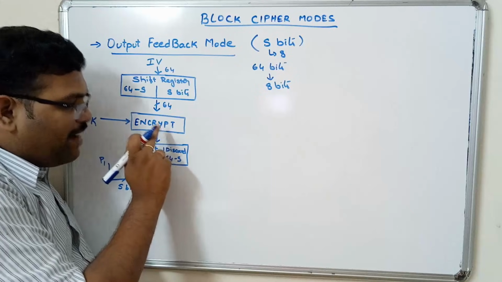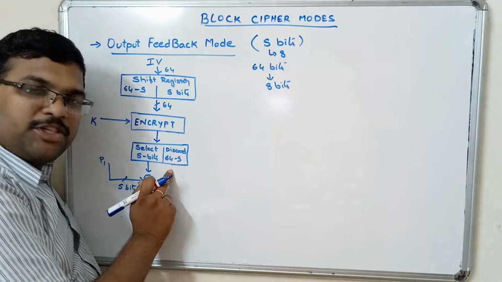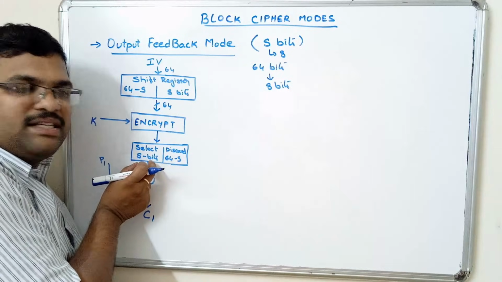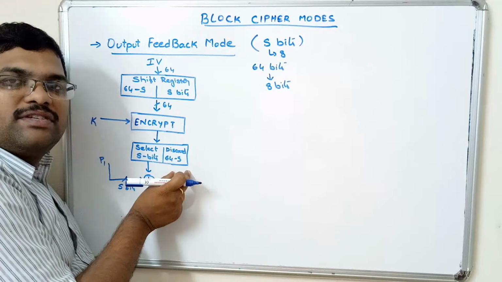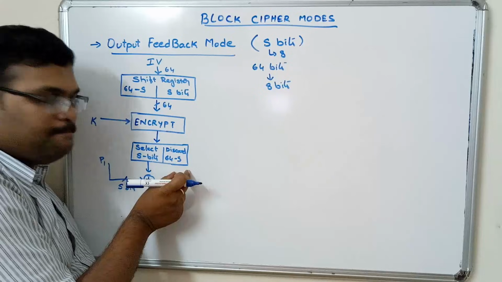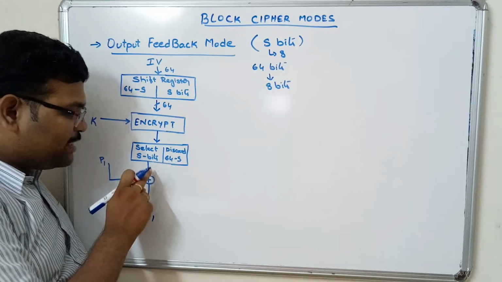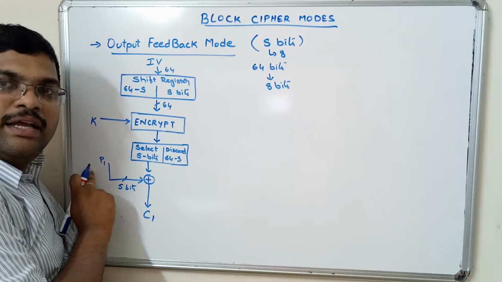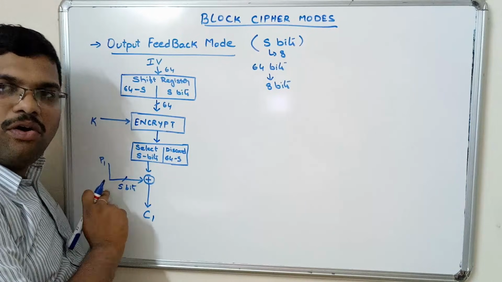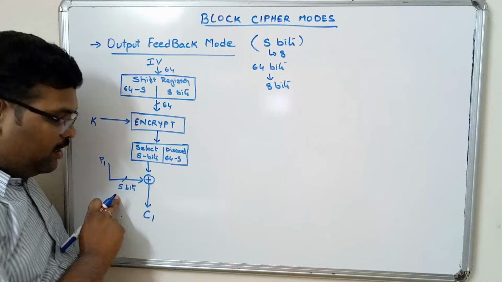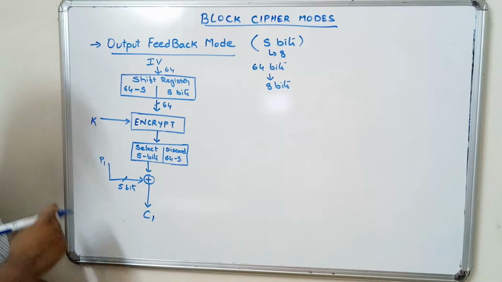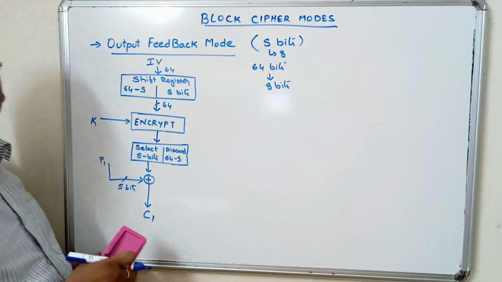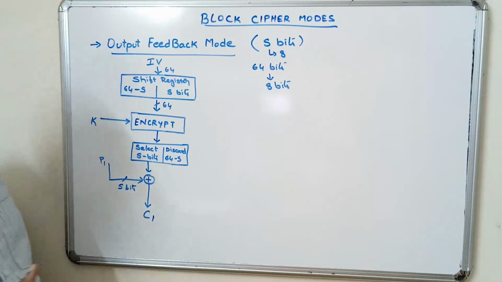After getting the result of encryption, consider only selected S bits and discard the remaining 64 minus S bits, and these S bits will be XOR with the plain text block. Here the plain text block is also a length of S bits, so that we will get the ciphertext. So this is the ciphertext we are getting, right?